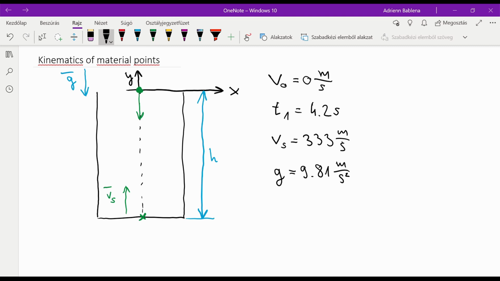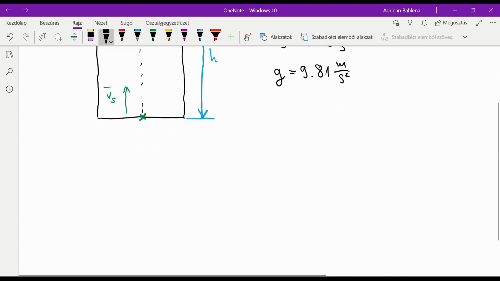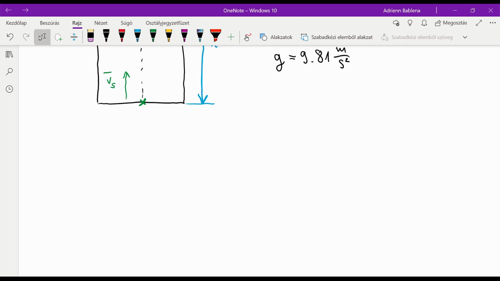And what are we looking for? We are looking for H, the depth of the hole. Now, what can we use?